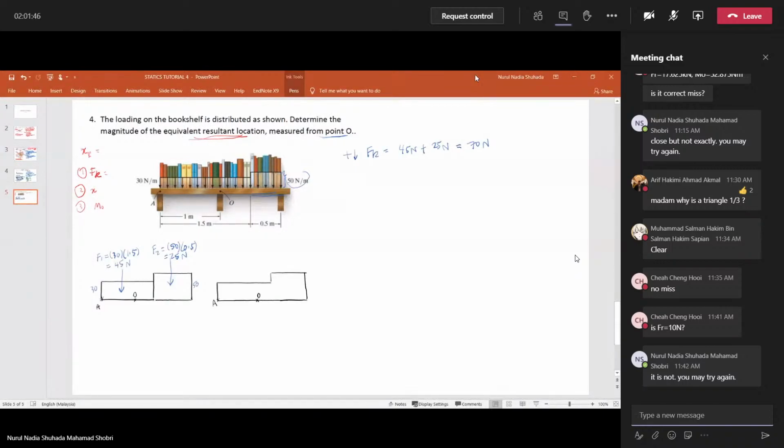Okay, so we already know the resultant force is 70 Newton. If we redraw the diagram to make it only the resultant force without the individual forces, after we sum it, it should be something like this.